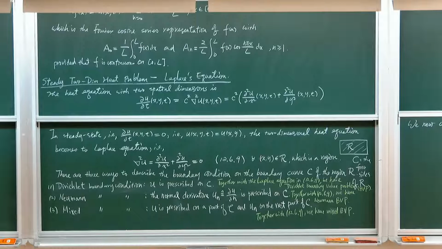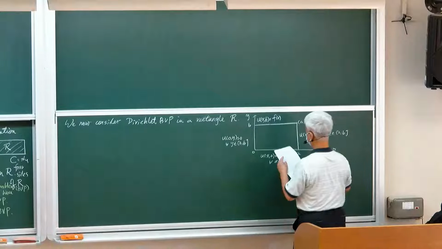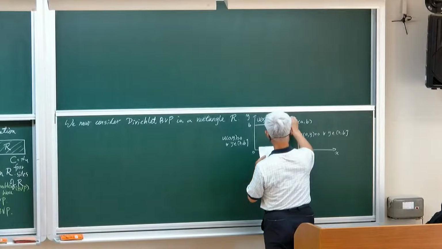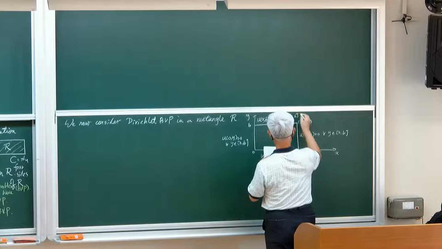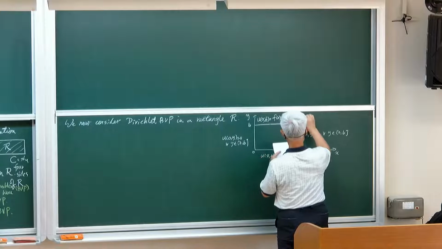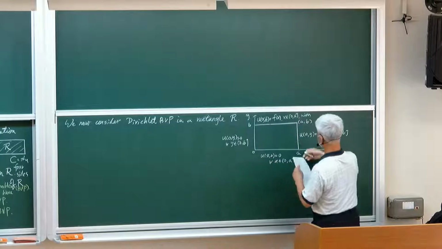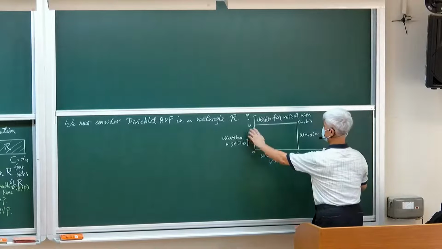But on the upper side, the temperature will be f(x) for x in 0 to a, and of course, because of the two boundary conditions, they are all zeros.